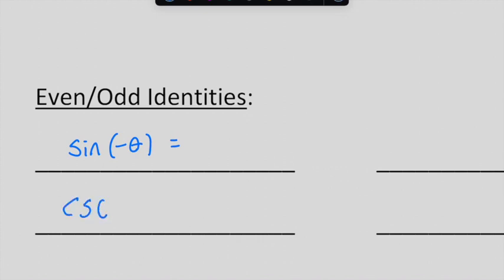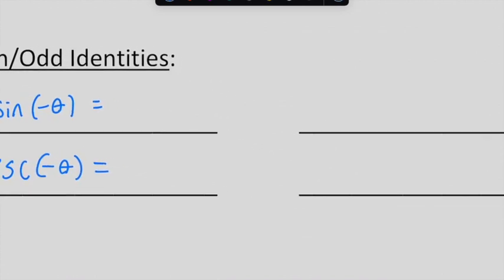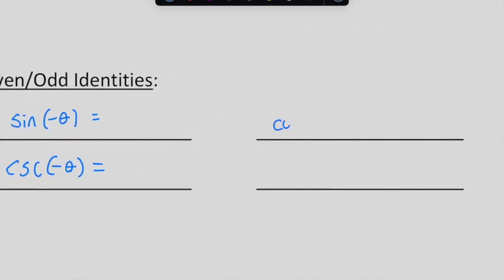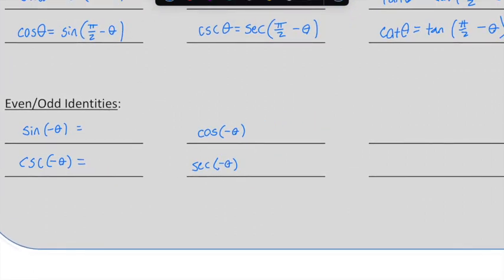So that'd be cosecant of negative theta is equal to something. So I'm going to basically do that for all the trig functions. Let's do sine, cosine, and tangent at the top. This is secant down here. And then we're going to say what they're equal to in a second. Tangent of negative theta, and then cotangent.